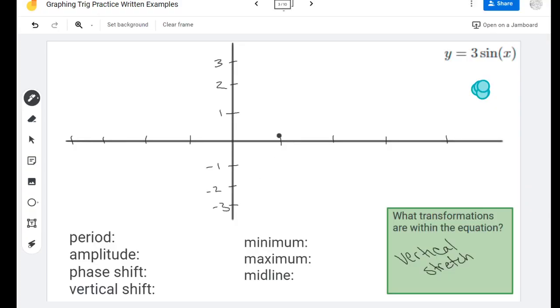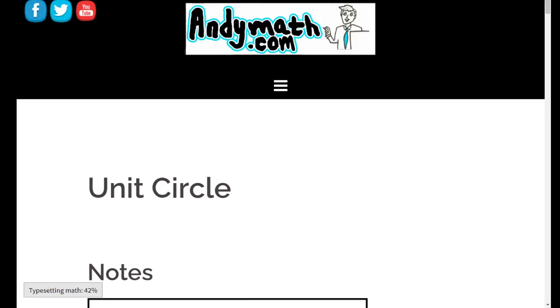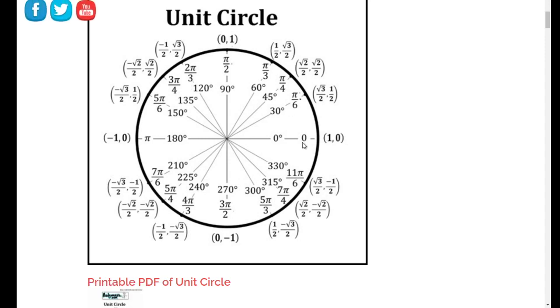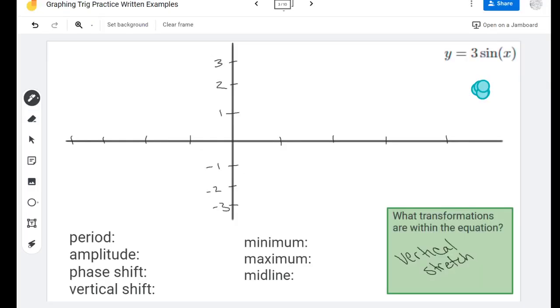All right, and so on our x-axis, we're putting tick marks essentially for every 90 degrees. However, we often don't use degrees for these graphs. We talk about it in radians. So that's where I'm getting the 0, pi over 2, pi, and 3 pi over 2, and back to 2 pi. So it's just every 90 degrees.